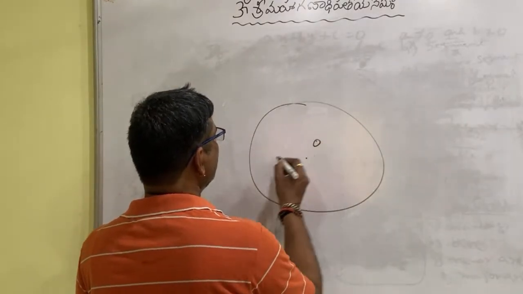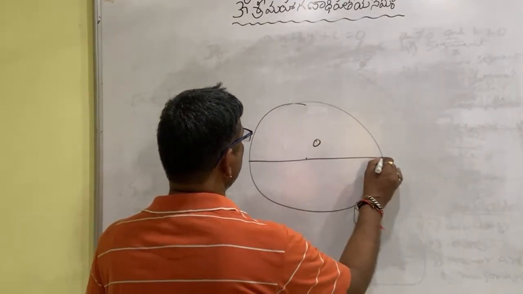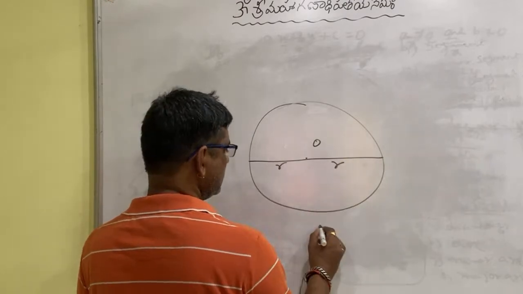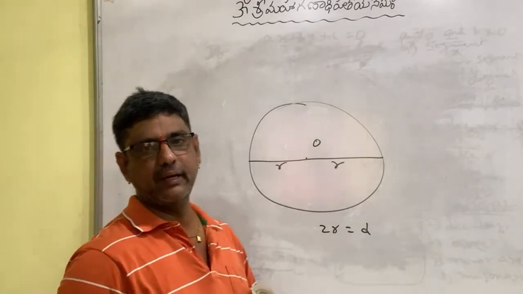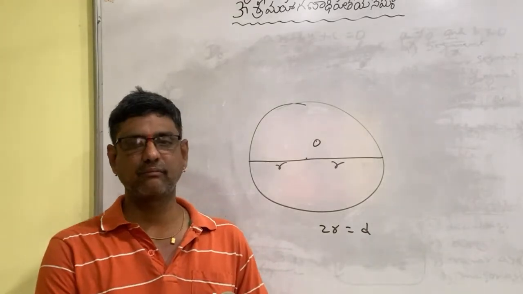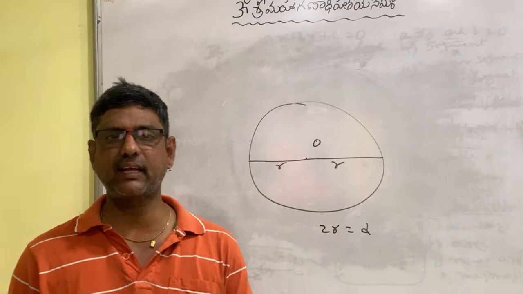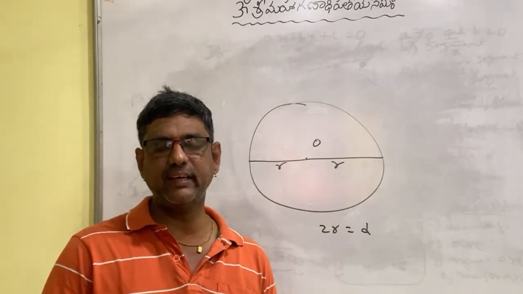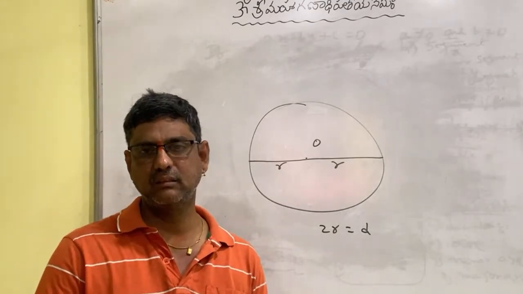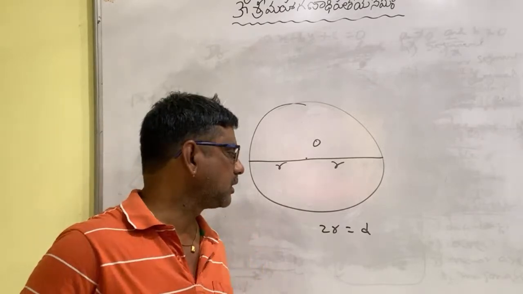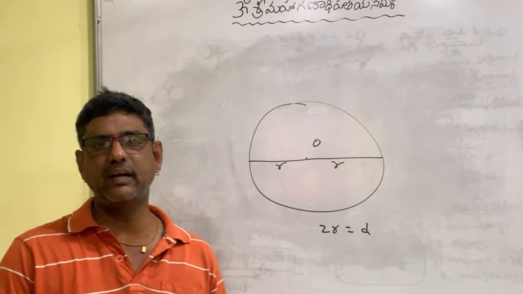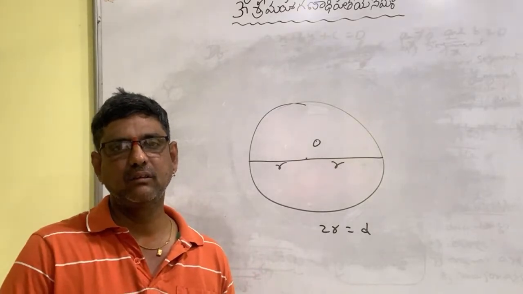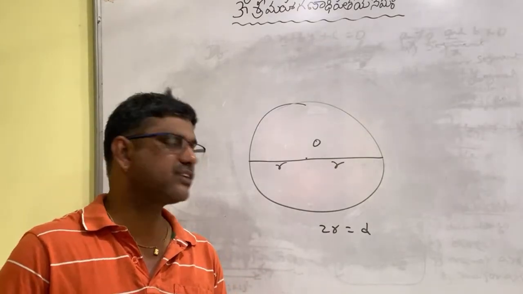A chord of a circle whose length is twice the radius is called diameter. So the answer is true. D is equal to 2R.